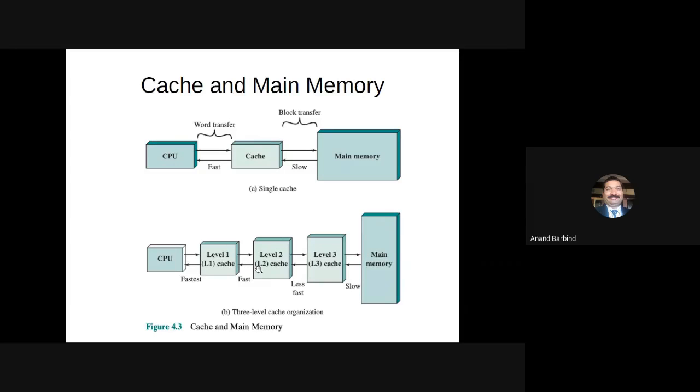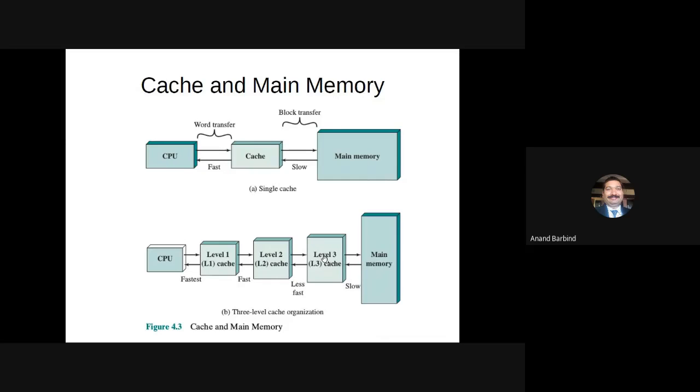The CPU always reads from the fastest one, and if the block is not available, then it will be searched in level 2. If it is available there, it will be taken into level 1. If it is not there, then the block will be searched in level 3. If it is available there, then it will be transferred to level 2.